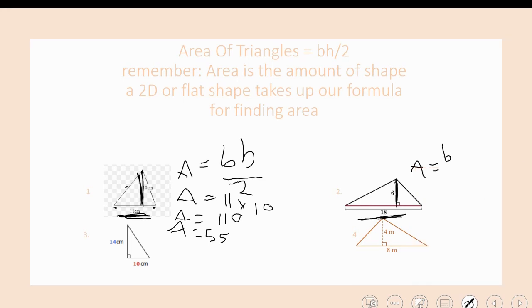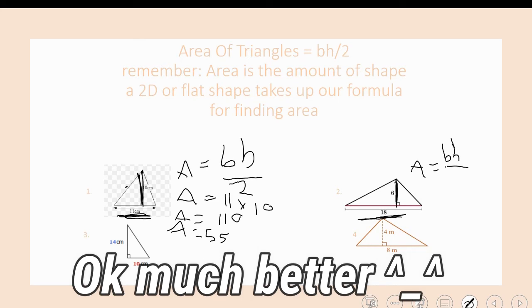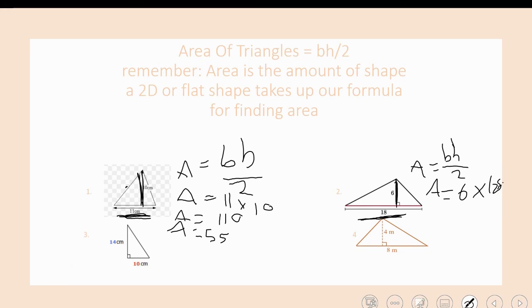So let's do base multiplied by height. Okay, much better. So 6 multiplied by 18. Remember 6 is the height and 18 is the base. We have to remember that.